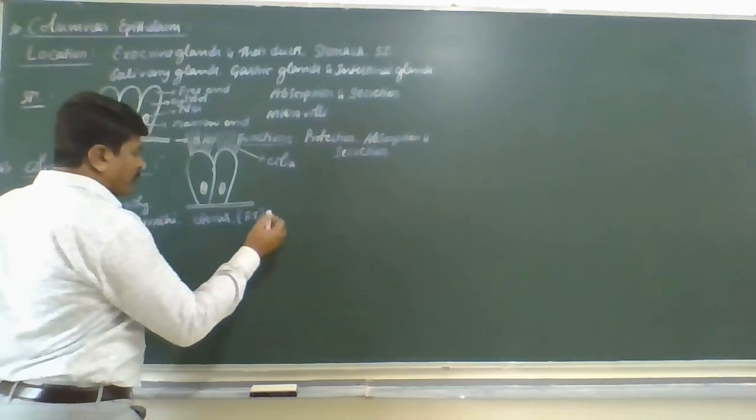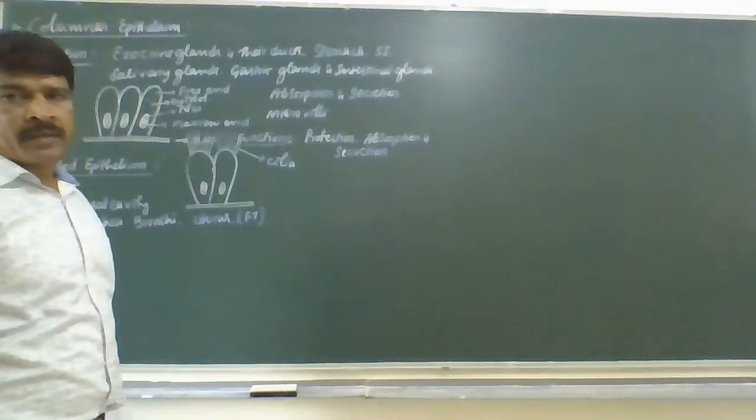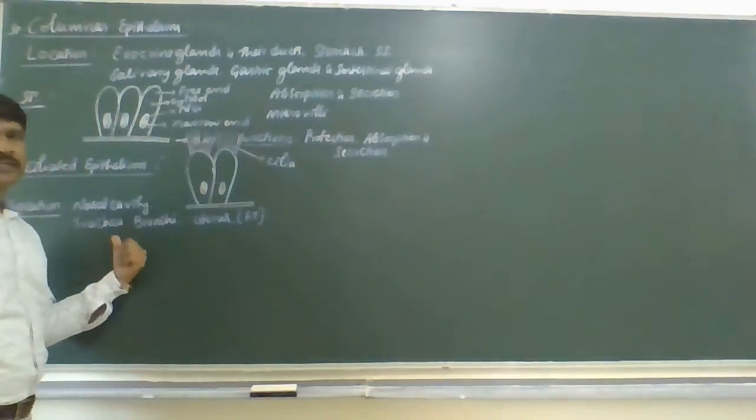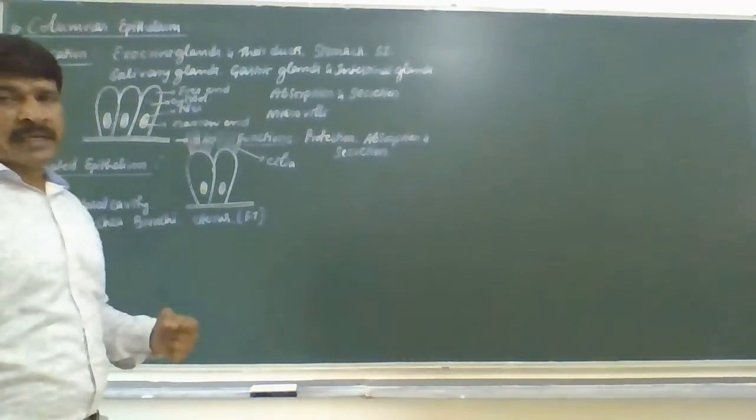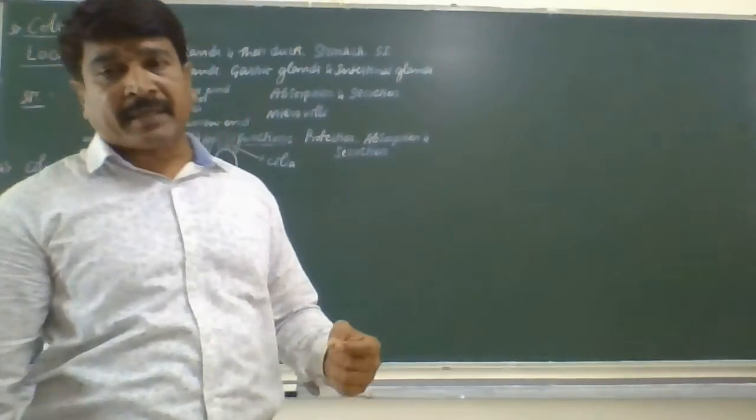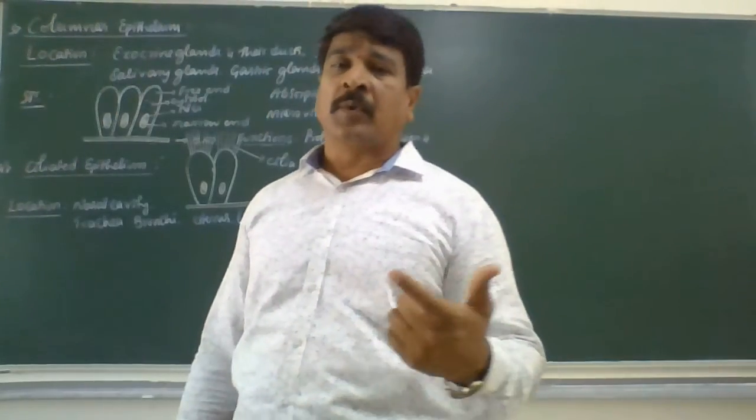You can take fallopian tubes, etc. Clear? So this is the location of the ciliated epithelium. Ciliated epithelium is always present in the moist regions of the body.